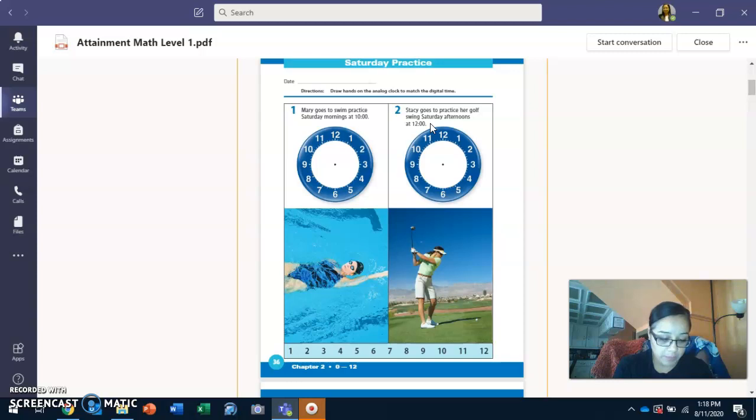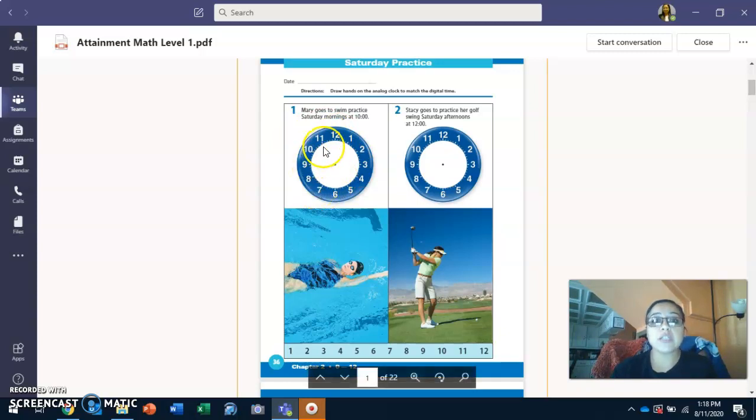Can you tell me what the small hand stands for? Good job. So let's go ahead and use a different time. So Mary goes to swim practice Saturday mornings at, let's just say, 9 o'clock. So how would you draw that out in your clock? Where would the big hand go?